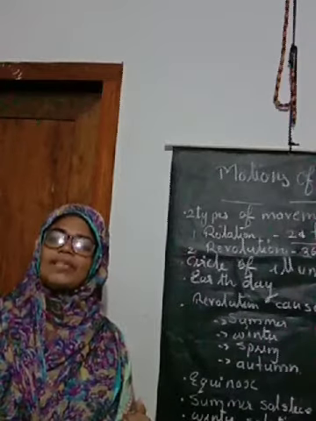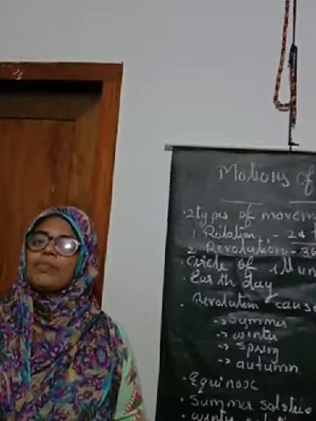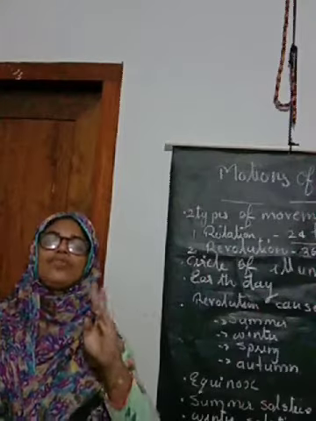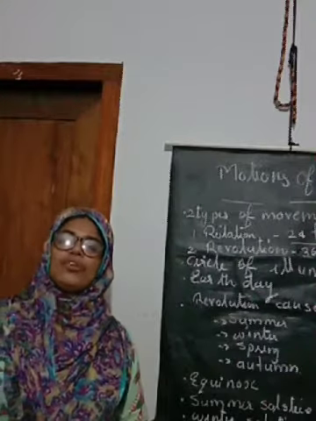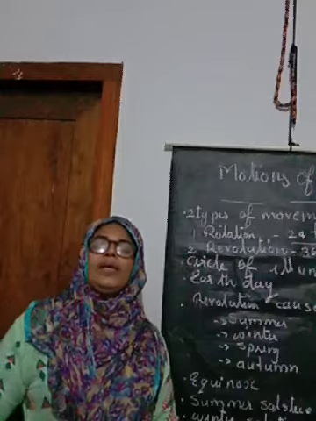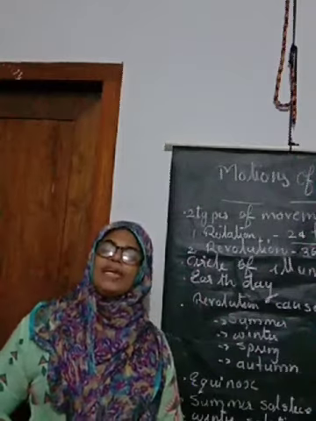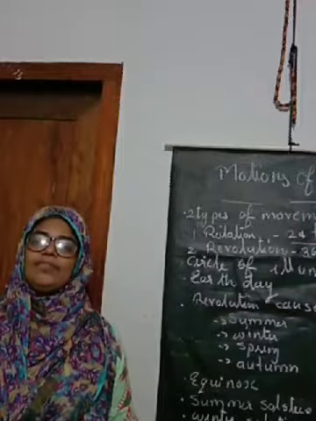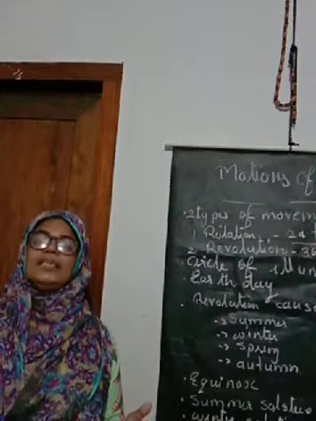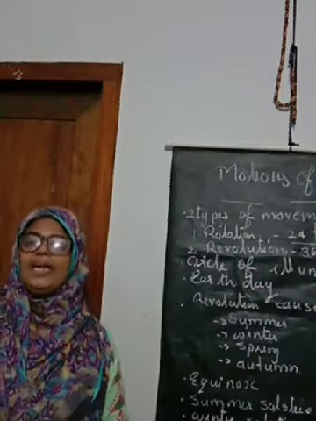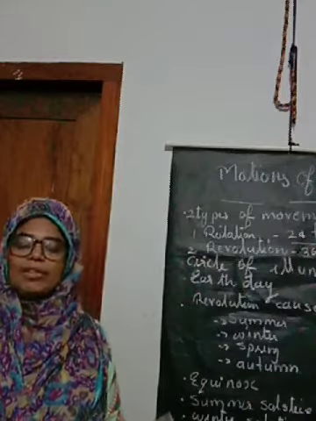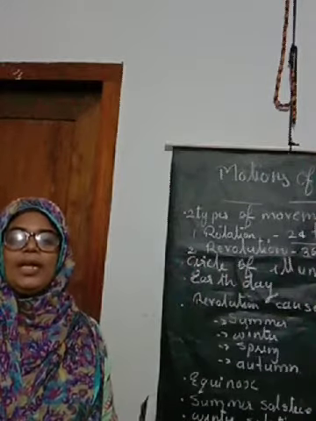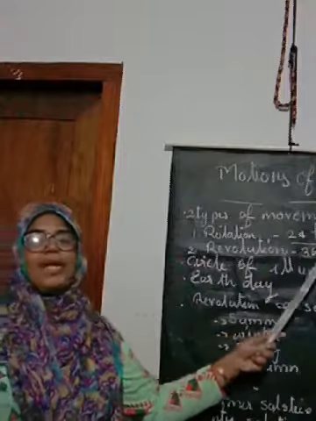So 6 hours plus 6 hours plus 6 hours plus again 6 hours constitute 1 day. 6 into 4, 24. So in a leap year, in February, how many days will be there? 29 days. Such year, what type of year? Years having 29 days in the month of February is called leap year. So in leap year, how many days will be there?